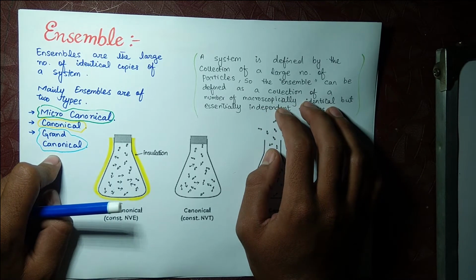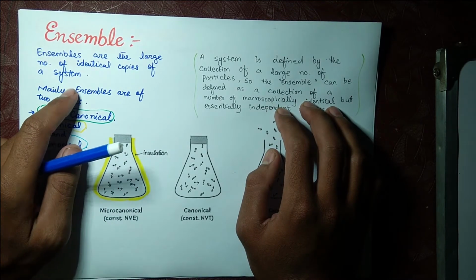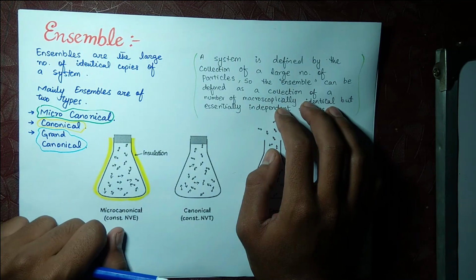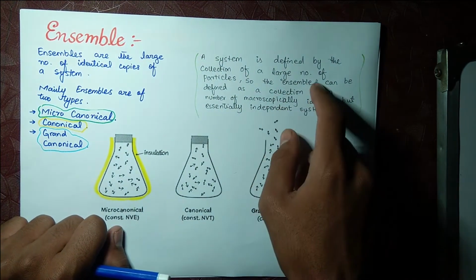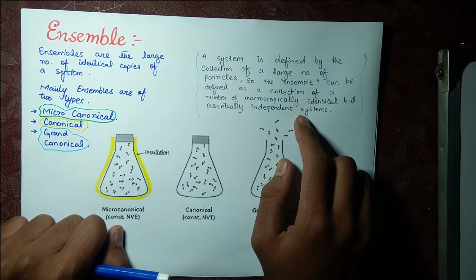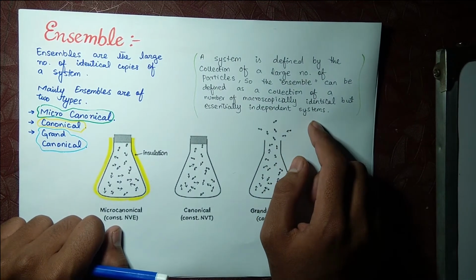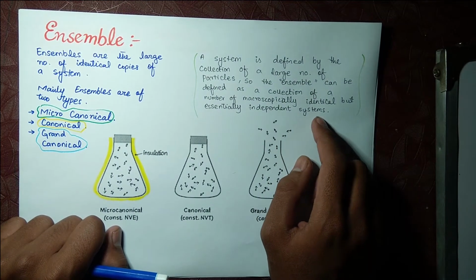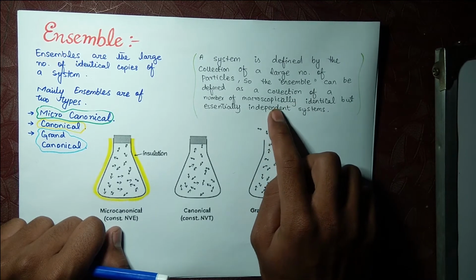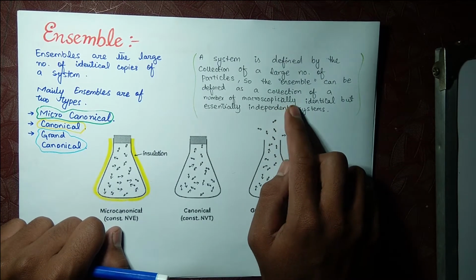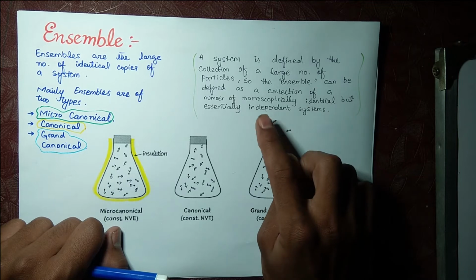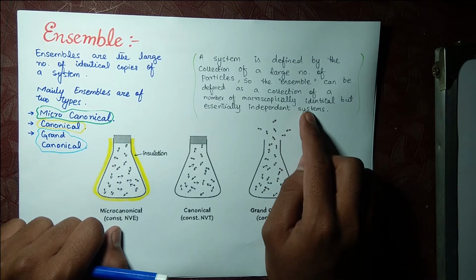Here it was a simple definition, and this definition is more informative, or you can say better: a collection of a number of macroscopically identical but essentially independent systems.